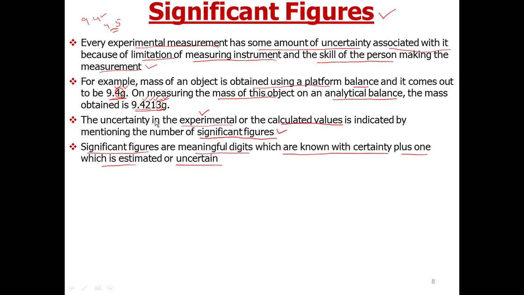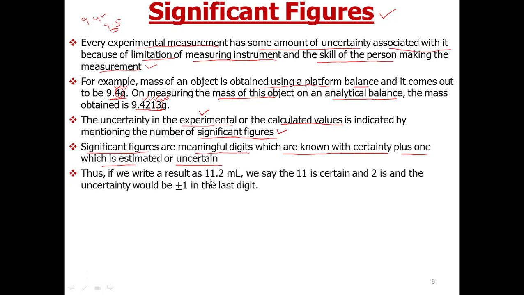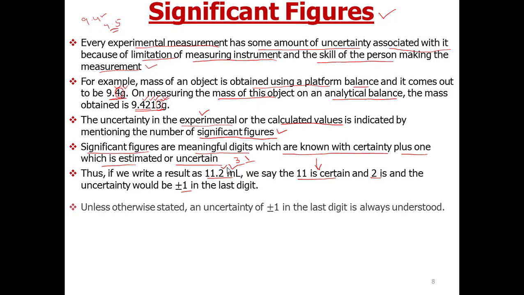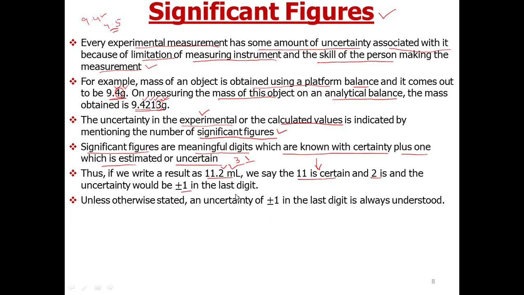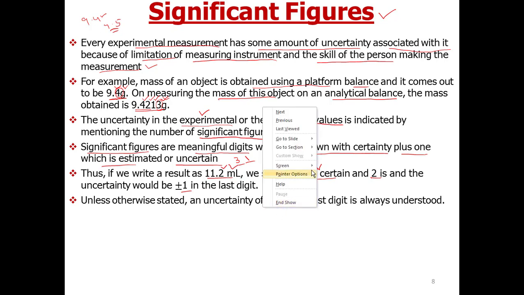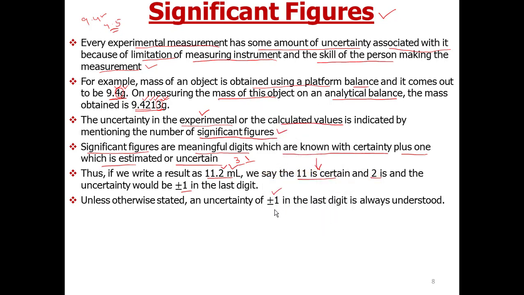Like, if we write a result as 11.2 ml, we can say that 11 is certain, but 2 is not certain and its uncertainty would be plus minus 1. It can be either 3 or 1. We are not certain whether it is actually 2. Unless the uncertainty is mentioned, it is always understood that the uncertainty in the last digit is plus minus 1.